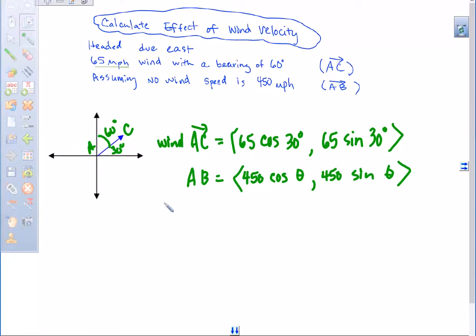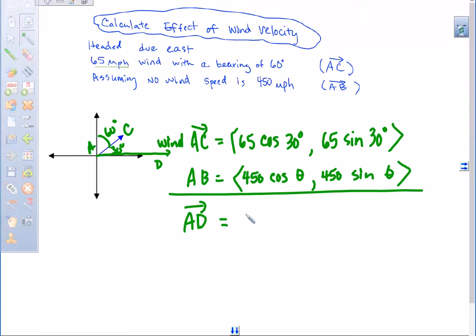Okay, but when we add those together, we're going to get AD. AD is what's actually going on right now. This is headed due east. So we know that AD is what we get when we take the wind in and we add to that our speed, and then we get our final.